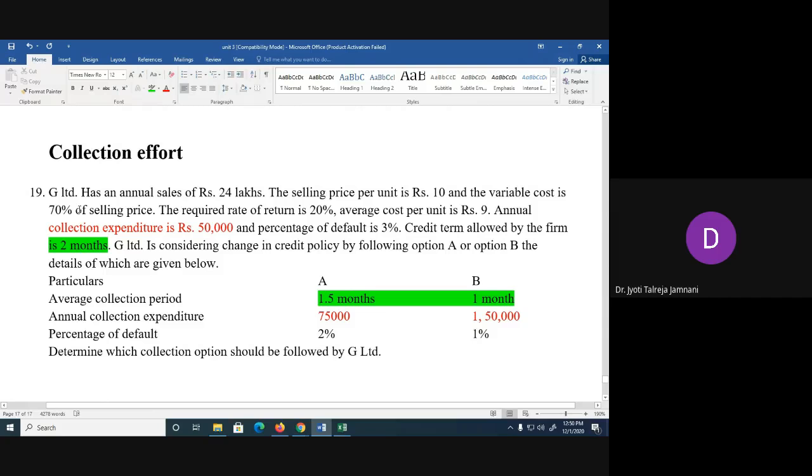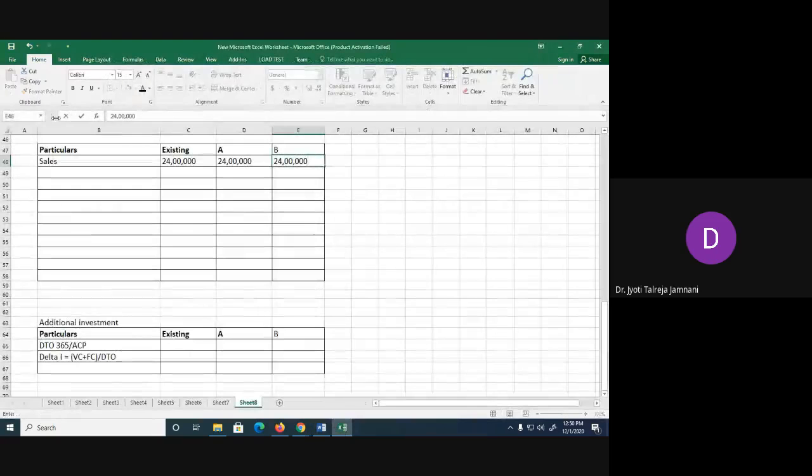Okay, then they're saying variable cost is 70% of selling price. So we will write here less variable cost into bracket 70% of selling price or 70% of sales.